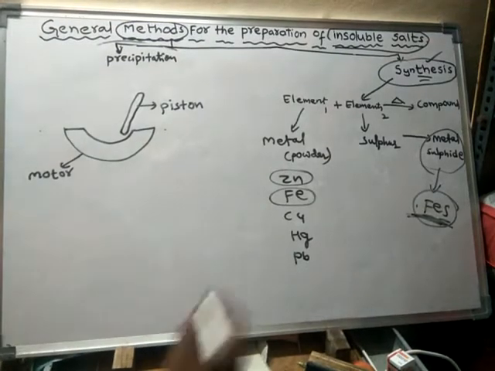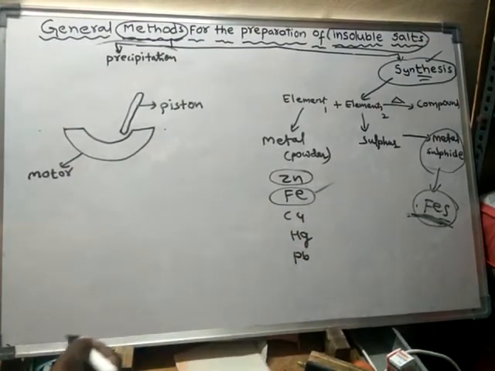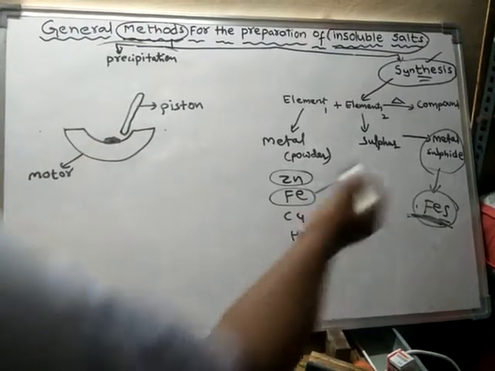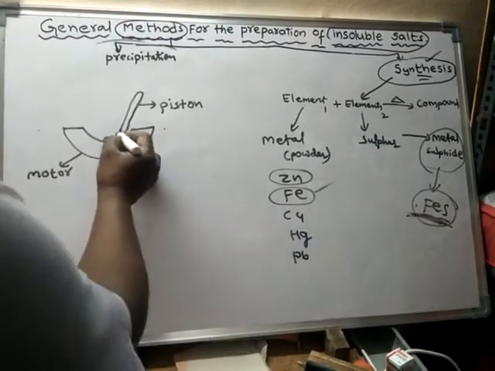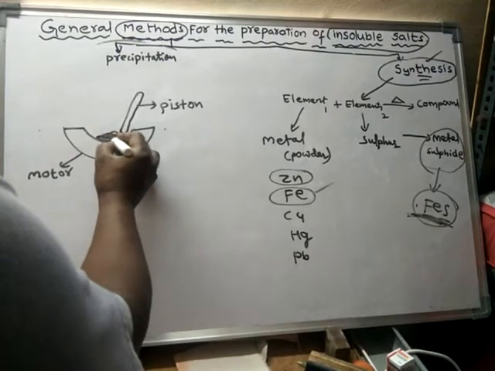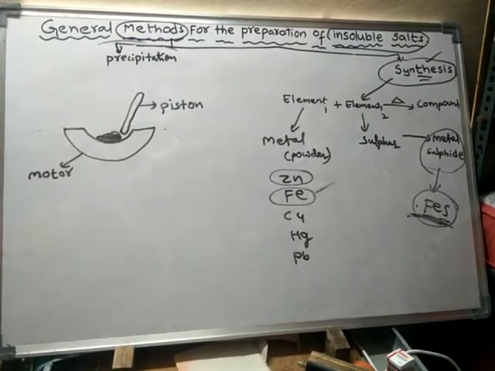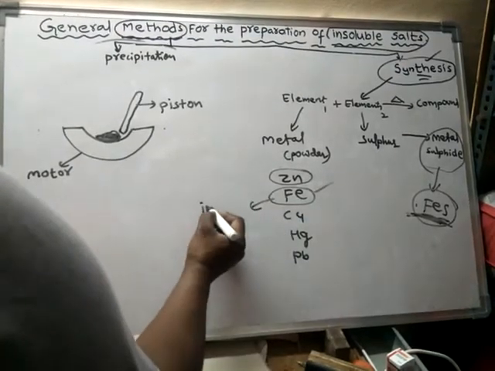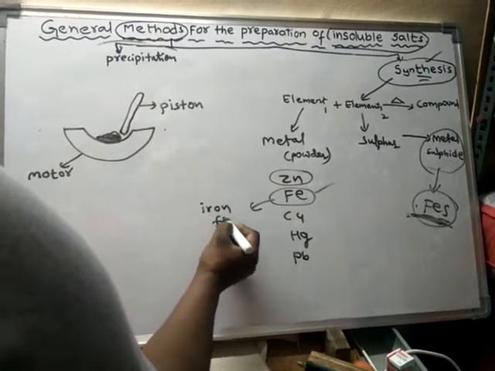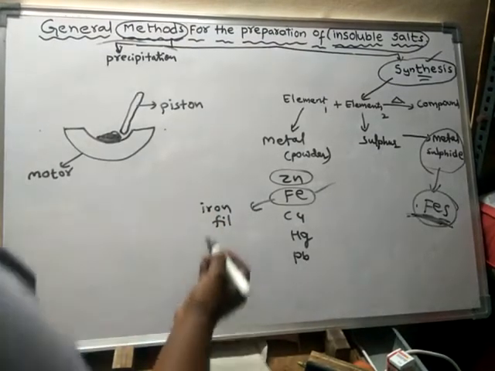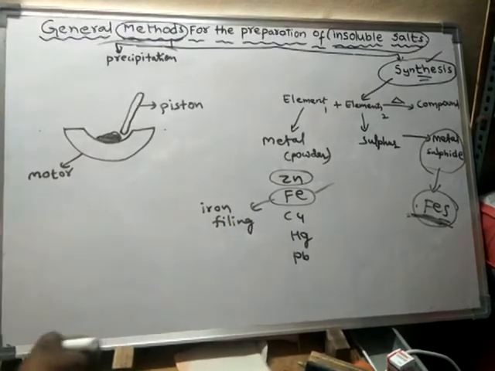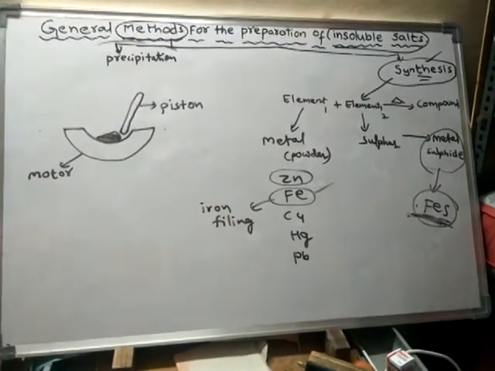First take a certain amount of iron into this mortar, and add sulfur to it. Take iron filings, the powdered form of iron, not solid iron.